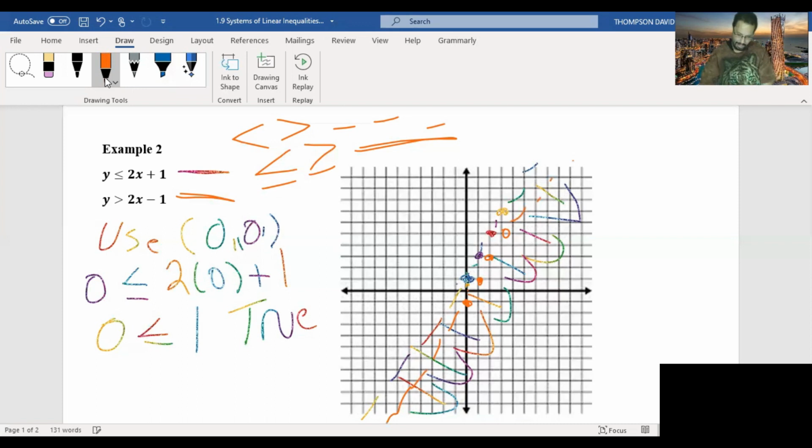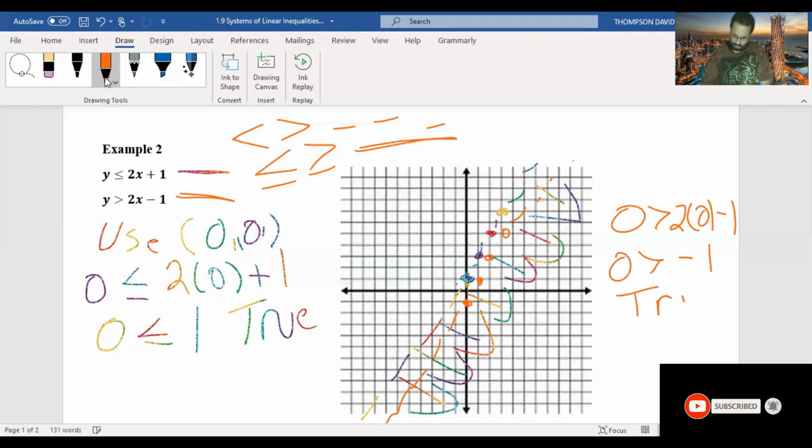And now we have our orange line. So we're saying 0 is greater than 2 parentheses 0 minus 1. 0 is greater than 2 times 0 minus 1, 0 is greater than negative 1, which is true. So we want to draw arrows towards 0, 0.